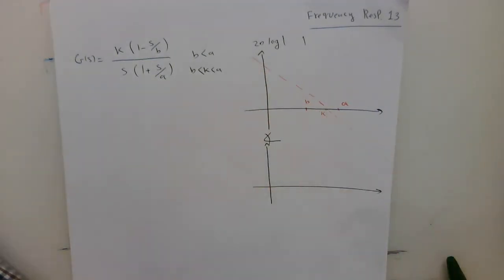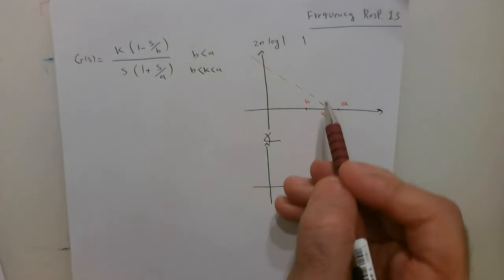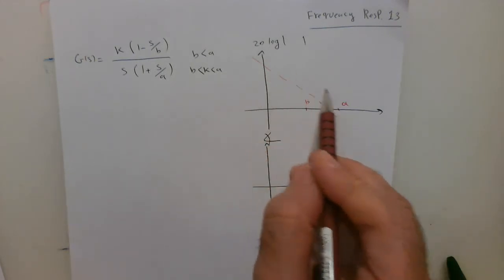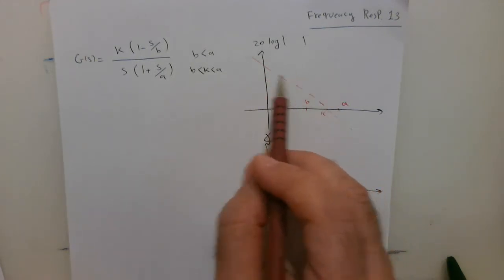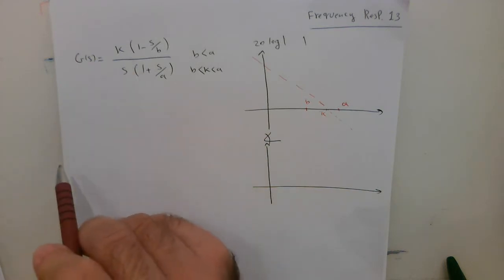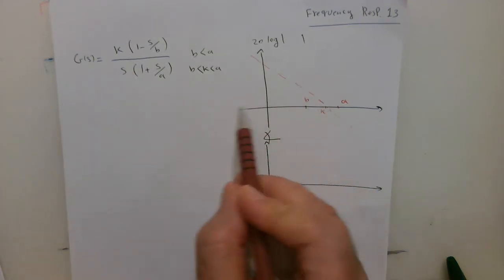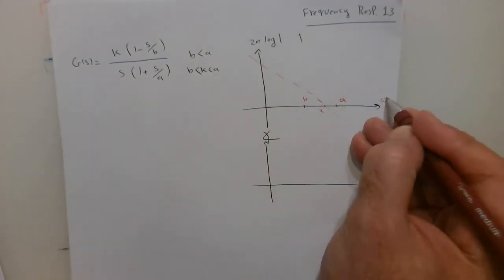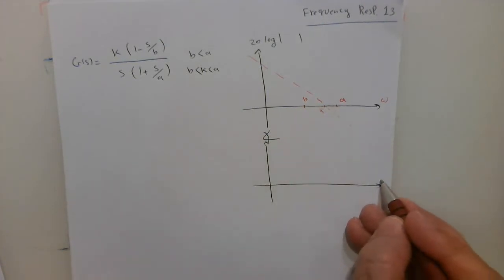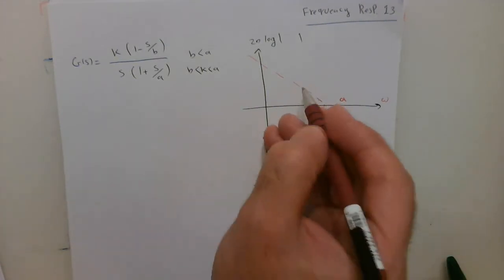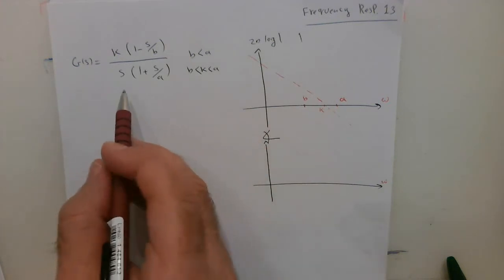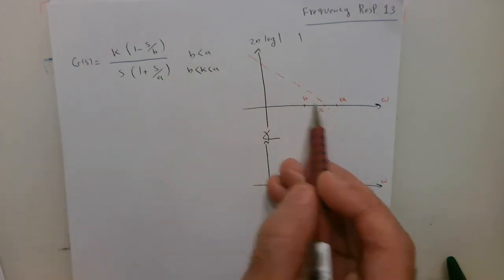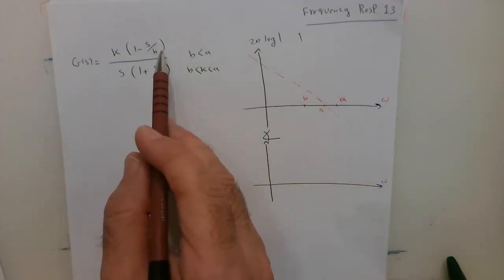This dashed line shows the magnitude of the Bode diagram only for K over s. So it will cross the horizontal axis at omega equal K. But what is important is that before we reach K, the 0 happens.